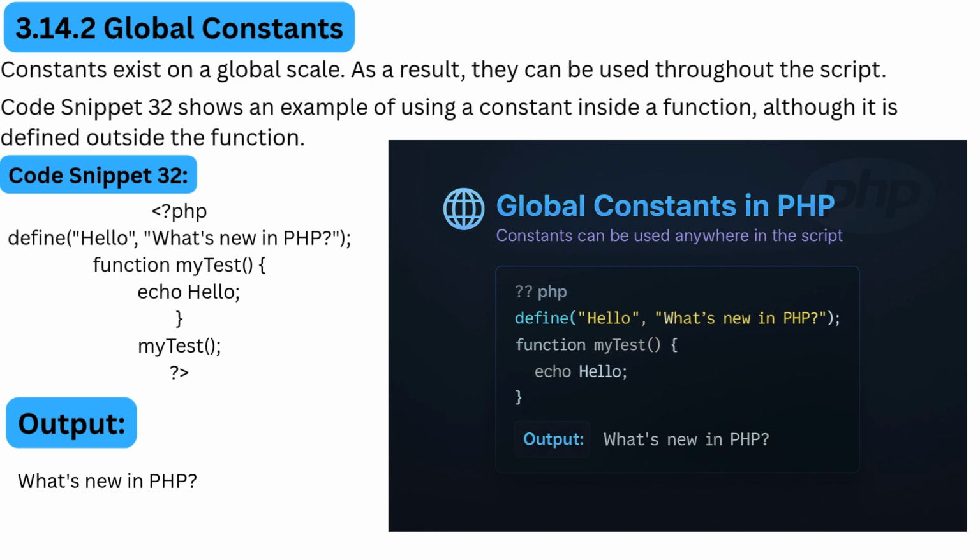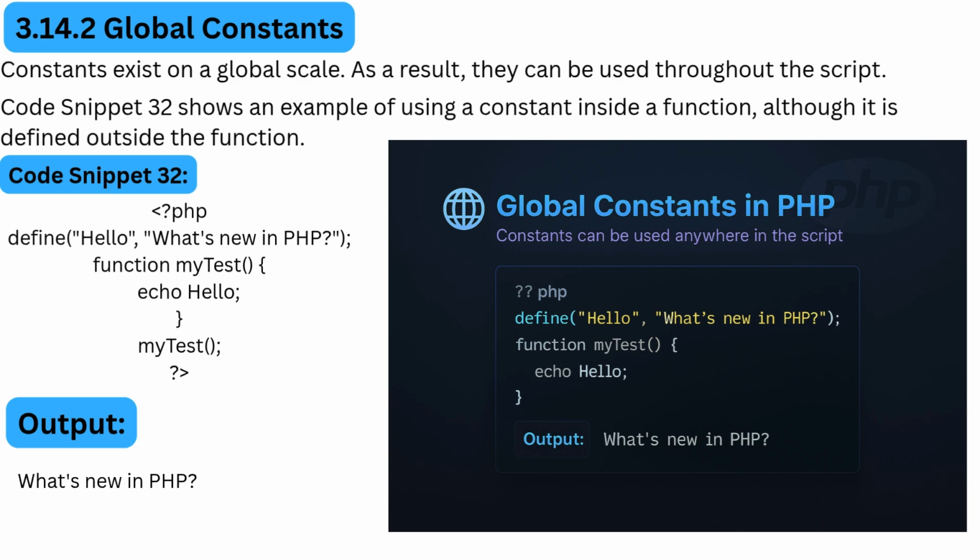So, to summarize this part, constants in PHP exist on a global scale. Once defined, they can be accessed anywhere in your script, inside functions, classes, or included files. You don't need to use the global keyword for constants. They are automatically available to every part of your program. In our example, the constant hello was defined outside the function, but used successfully inside it.